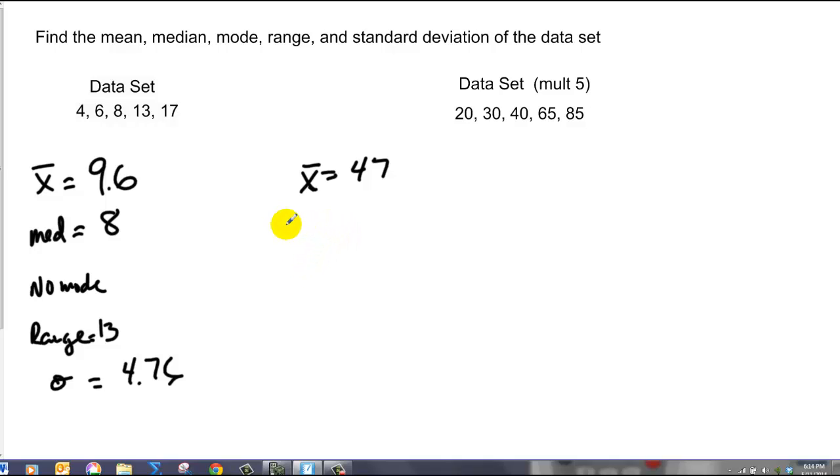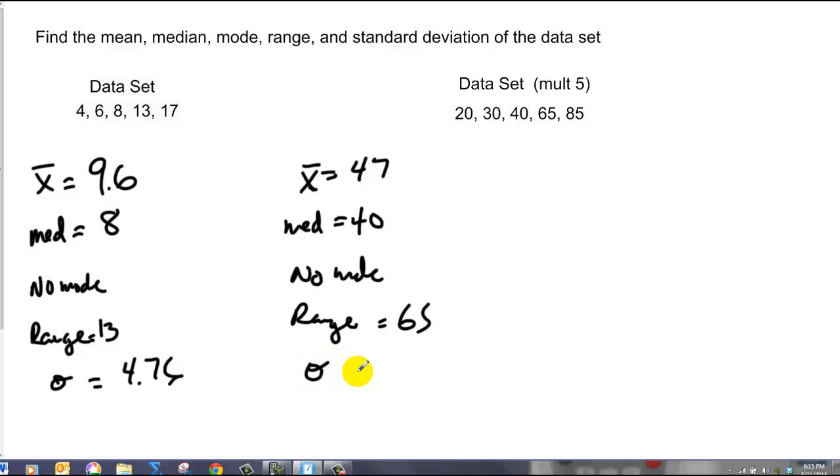We've got a median, in this case of 40. Still no mode. We take the high minus the low. That gives us our range, 65. And then our standard deviation was 22.25.